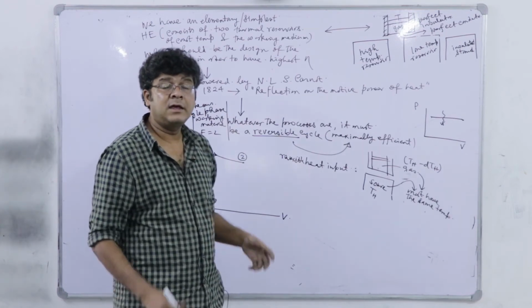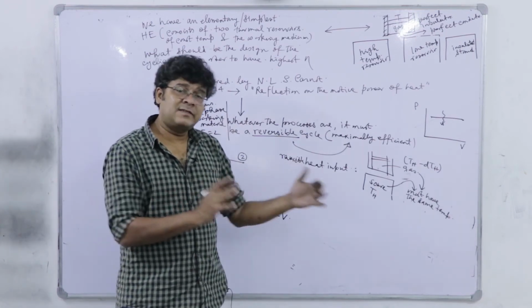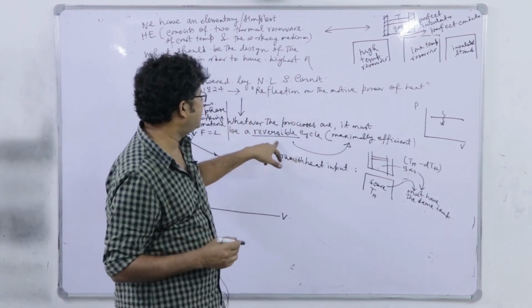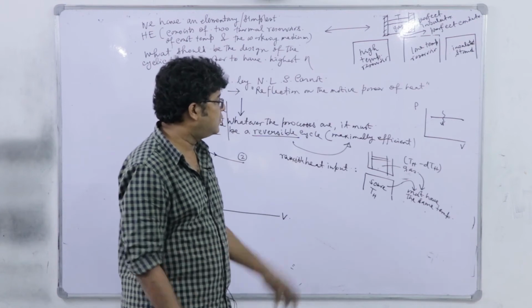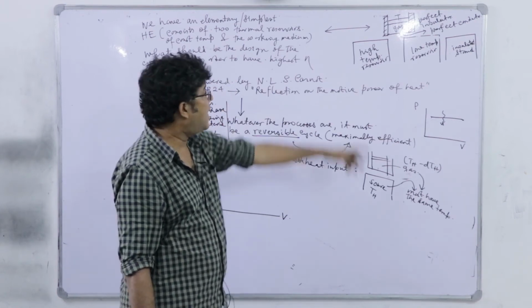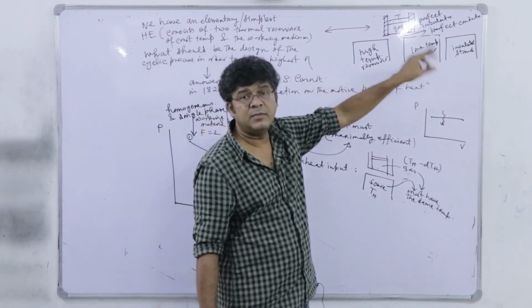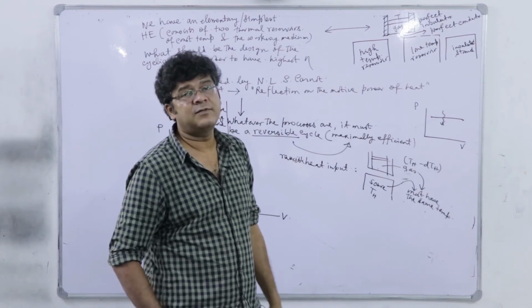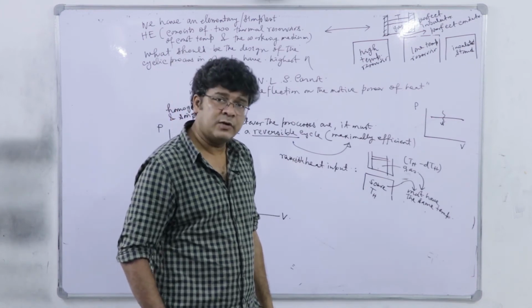Why? Because the next step will be the heat rejection, and that heat rejection, in order to implement this reversibility, again should have zero driving force. That means the system temperature and the sink temperature must be the same. Now the sink temperature is fixed, which is Tc. So we have to reduce the system temperature to Tc.